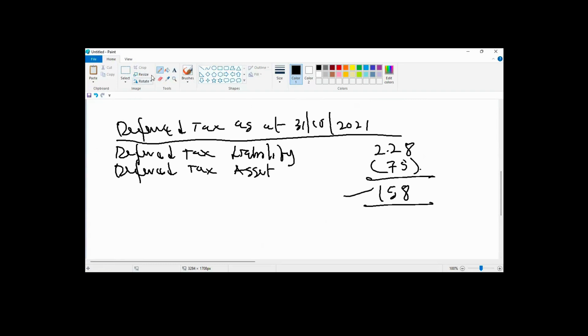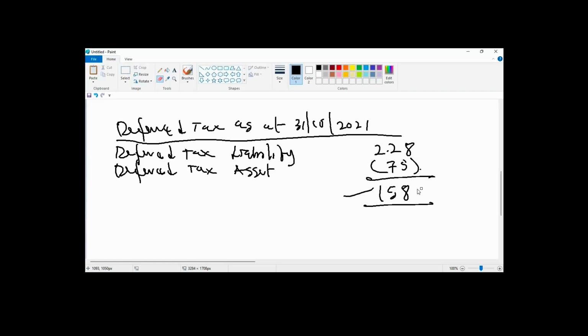That is the requirement. But it does not ask us for the one that will go to the POA, 153, even though it gives us the opening balance.